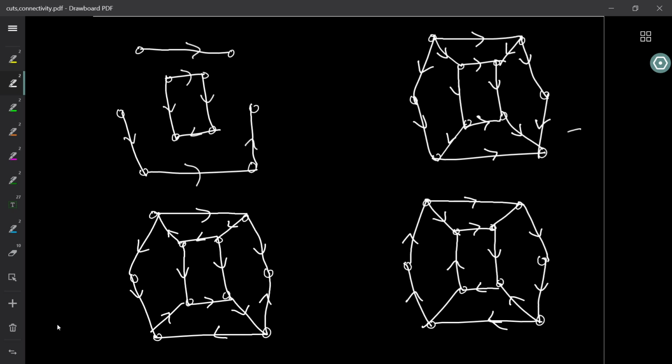Now, if you look at the second graph here, what can you see in this graph? You will see that the underlying graph is connected. But if I want to go from, let's say, vertex 5 to vertex 3, I am actually not able to reach 3 from 5, because there is no arc going out of 5, or no arc coming into 3.